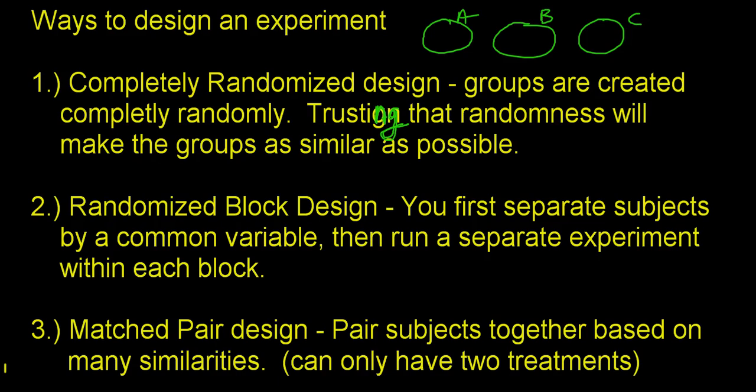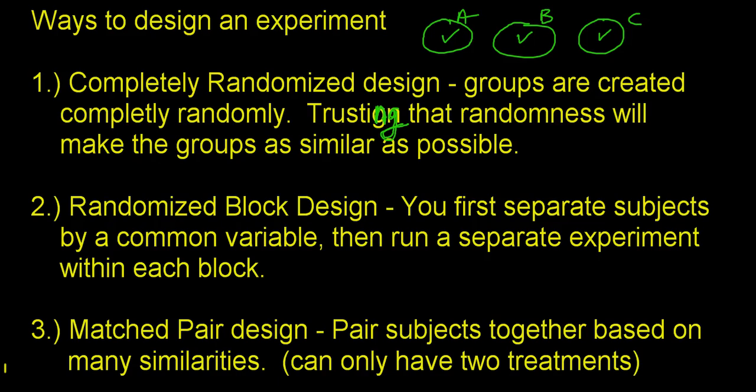Different pain into all three groups. Maybe some people have severe pain at the beginning and some people just have a little bit of pain. So pain severity, I need that to be evenly dispersed into all three groups because I want these three groups to all be as similar as possible. In a completely randomized design, I'm just going to trust that randomization will do that for me.